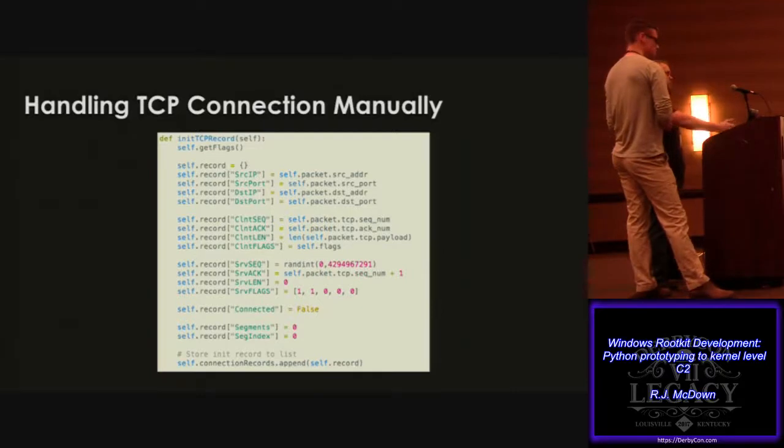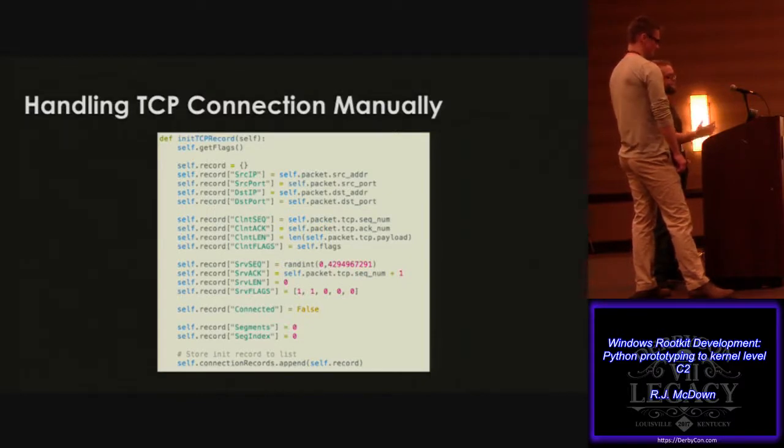This can be looked at as almost like a state machine, but we're basically trying to keep state. We have records that show us, if someone makes a TCP connection, is there a valid connection for that? And we have code that's handling each use case to keep that connection alive.